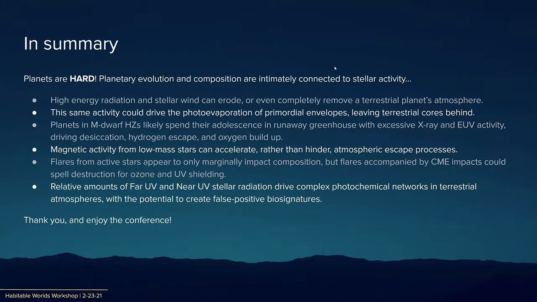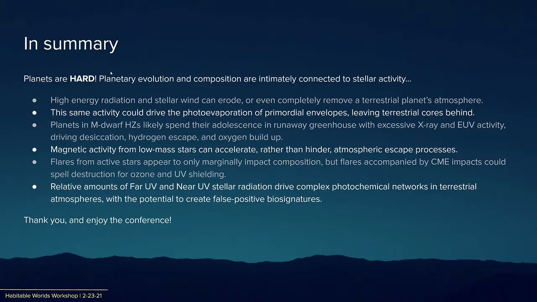So I know that was quite a bit, but in order to summarize, there's a lot of things going on with stars that are impacting the planetary processes that are taking place. And it's very important for us to understand how these stellar processes are impacting planetary processes, especially when it comes to habitability.